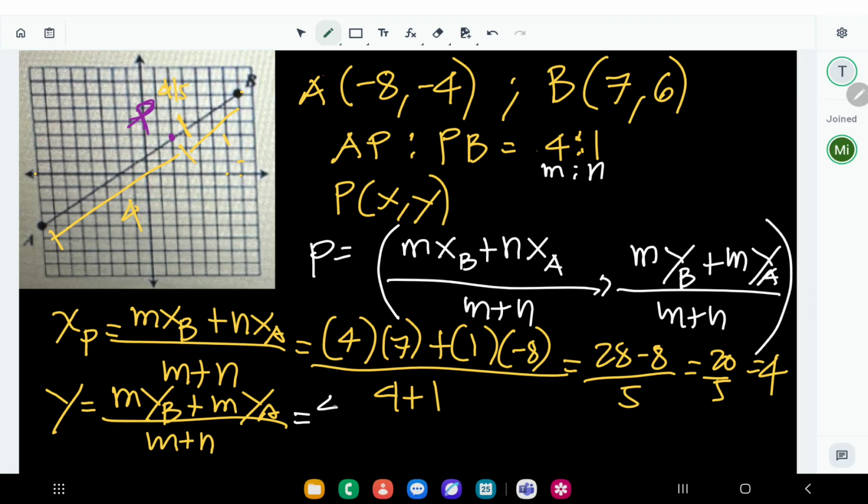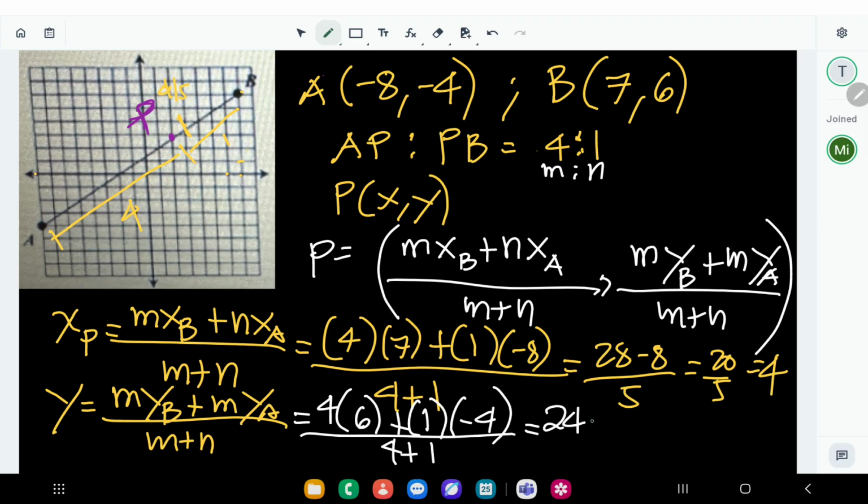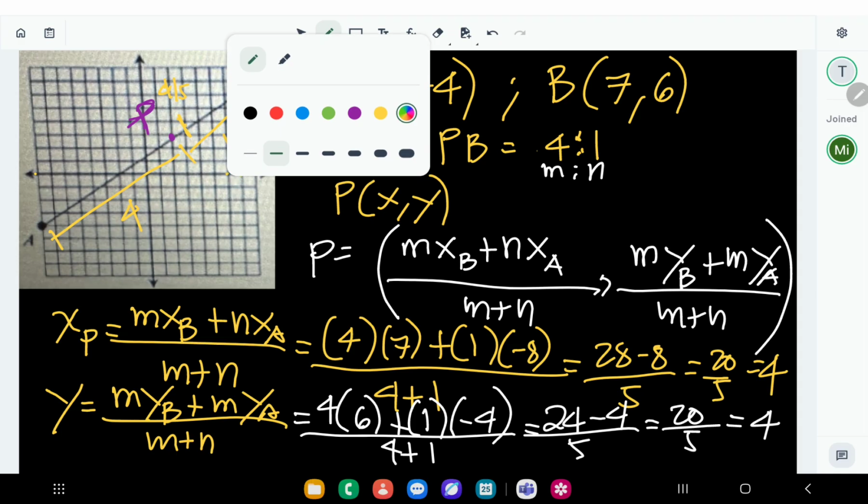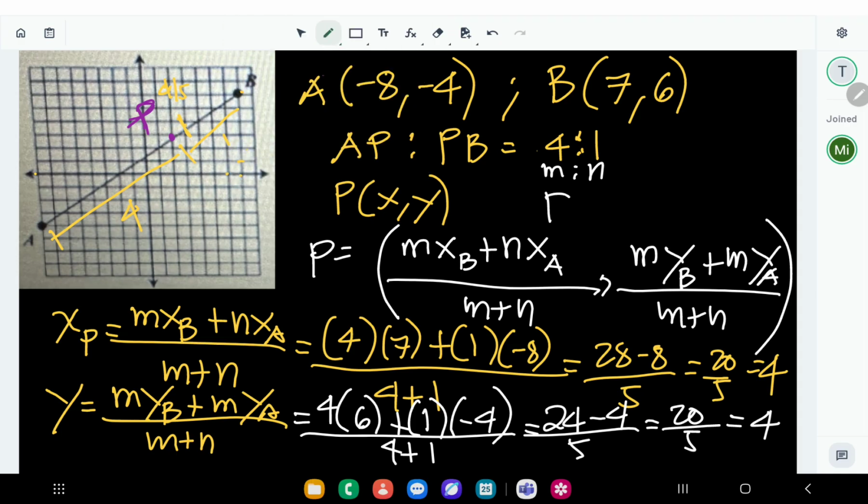So this is 4 times y sub B, which is 6, plus y sub A, 1 times -4, over 4 plus 1. So this is 24 minus 4 over 5. So this is 20 over 5, equal to 4. Therefore, the coordinate of P, the x and y coordinate, is 4, 4.